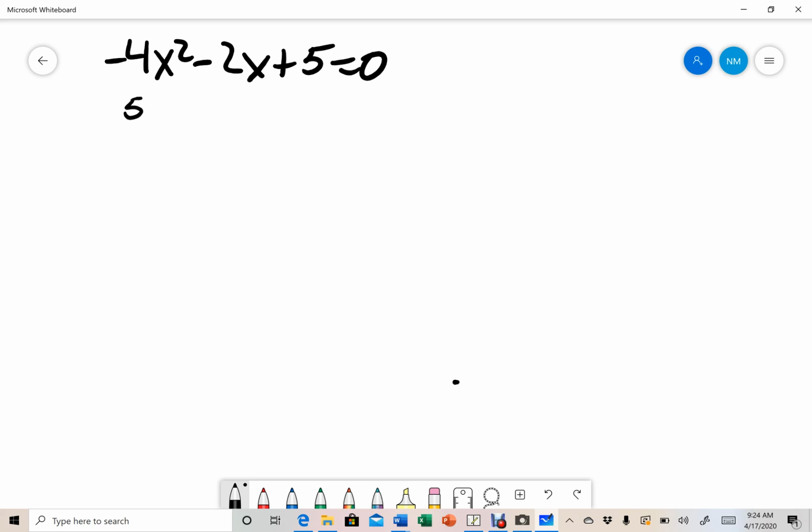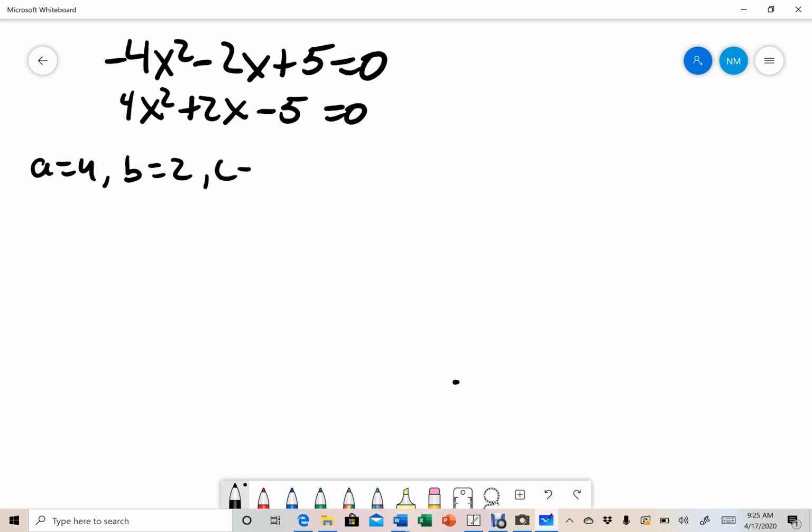So I've got 4x squared plus 2x minus 5 equals 0, okay? So from here, I get my values, okay? A equals 4, B equals 2, C equals negative 5, okay?